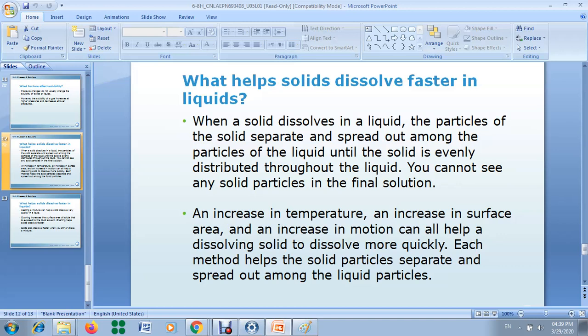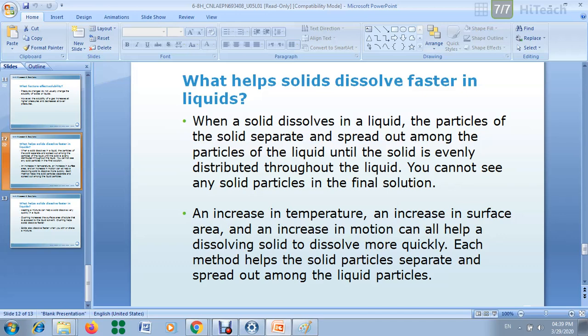What are these factors? Before we start talking about them, let's talk about how a solid dissolves in a liquid. When the solid dissolves in the liquid, the particles of the solid separate and spread out among the particles of the liquid until the solid is evenly distributed throughout the liquid.